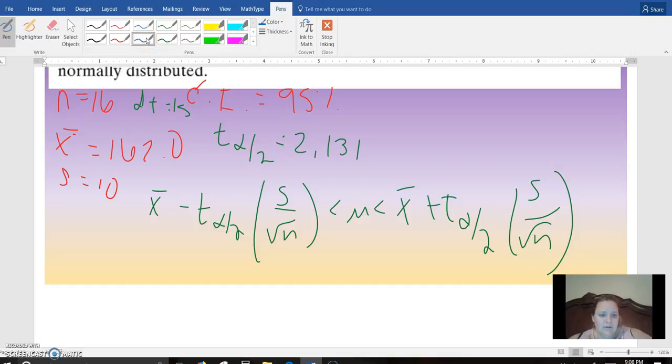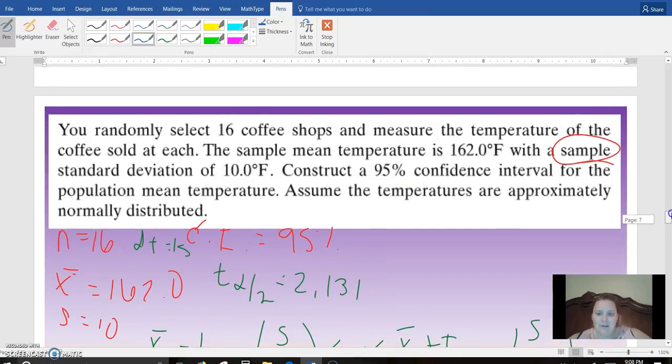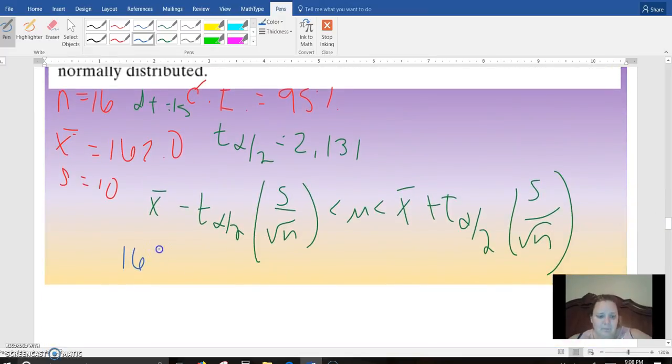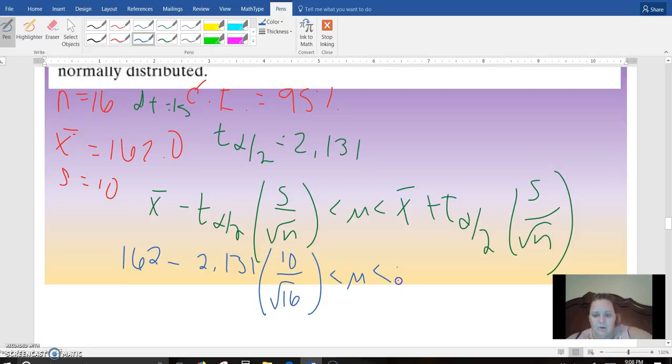x bar, 162, minus 2.131 times 10 over square root 16. What I always do is find the margin of error piece first.